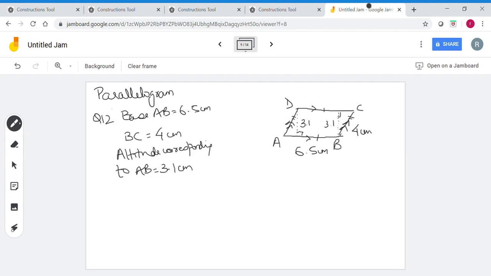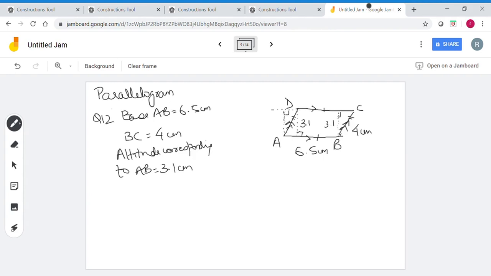I would recommend that you extend this figure slightly and let your altitude be outside the figure so that your figure finally looks neater. Is it wrong to make it inside the figure? No. So let's see how we will make this diagram.